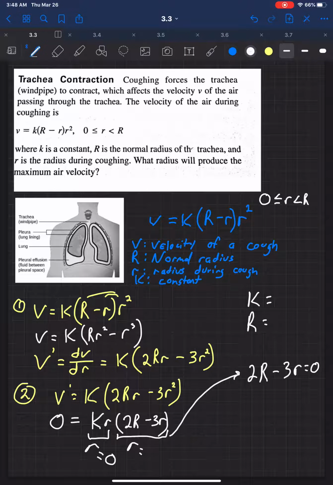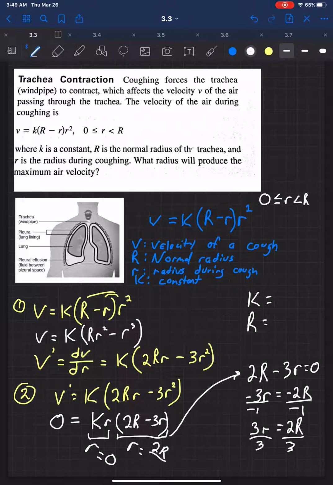So this would be negative 3 times little r is equal to negative 2 times big R. Let's get rid of those negative numbers on both sides of the equation by dividing by negative 1. That leaves me with positive 3 times little r is equal to positive 2 times big R. I'm almost there. I've got to divide both sides by 3. And there we have it. So what is r equal to? r is equal to twice big R divided by 3.